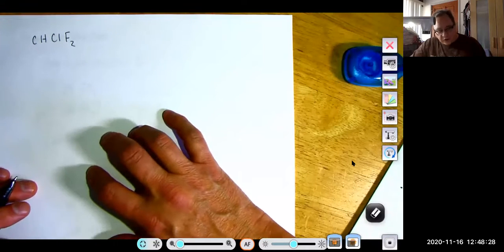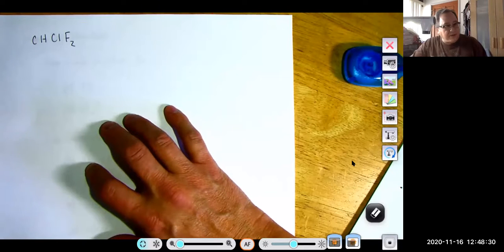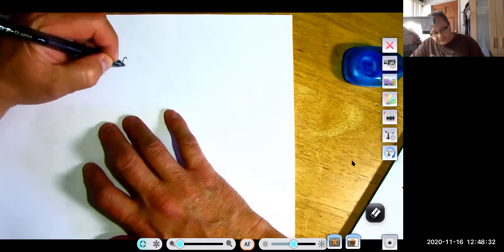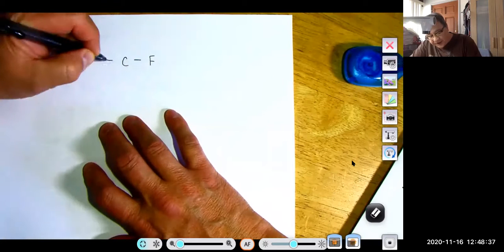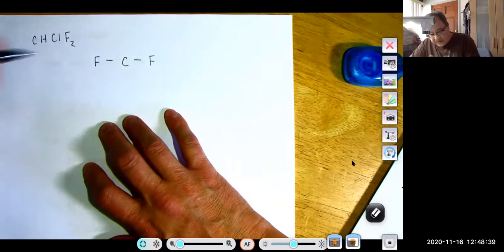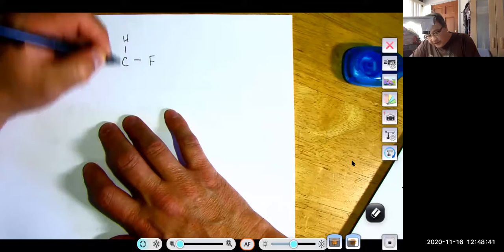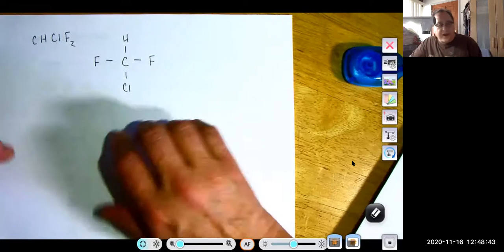Okay, so which atom are we going to put in the middle? Carbon. So to make this look somewhat symmetrical, I'm going to put the fluorines on the left and the right, the hydrogen up, and the chlorine down. You don't have to do this. If you want to make it all jumbled, that's fine.